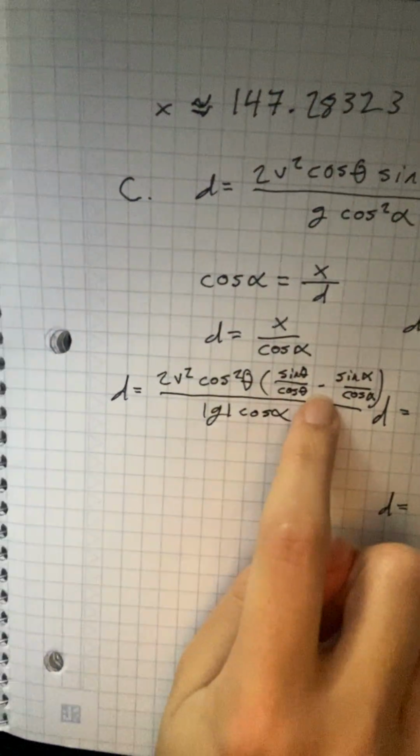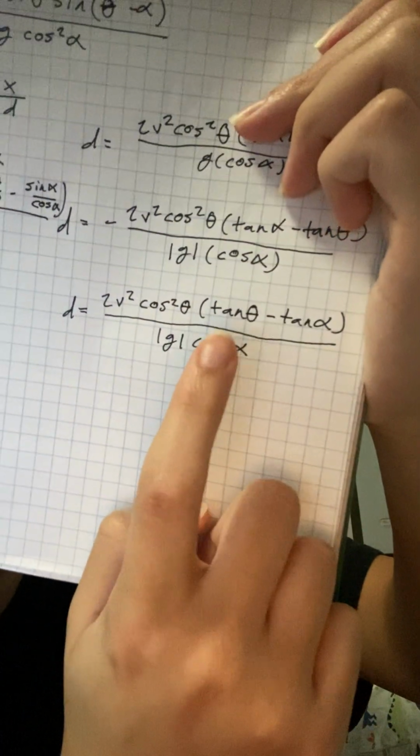So d then becomes 2v squared times cosine squared theta times sine theta over cosine theta minus sine alpha over cosine alpha, all over the absolute value of g times cosine of alpha, shown here. The trigonometric identity of tangents is expanded into this.